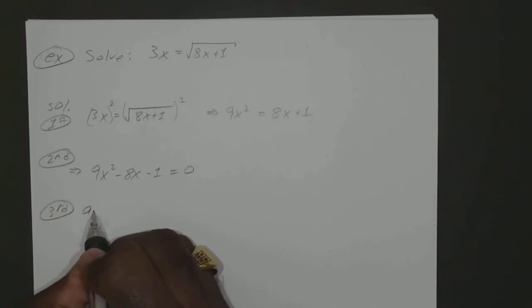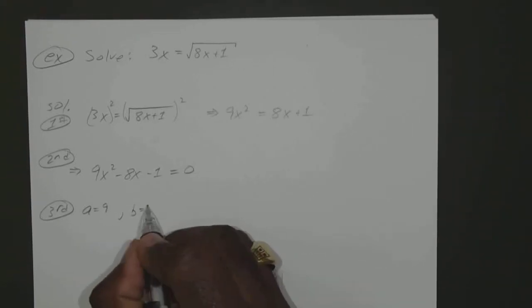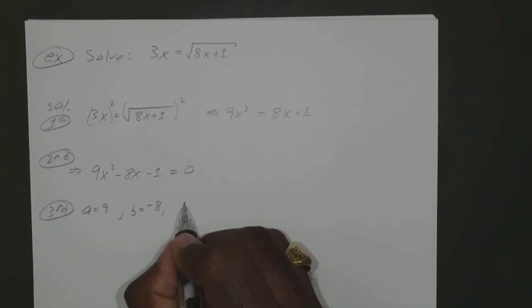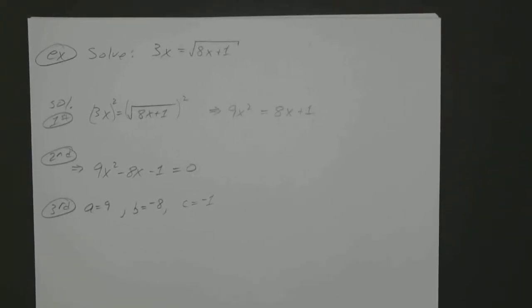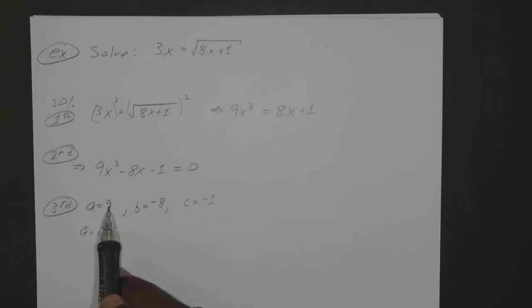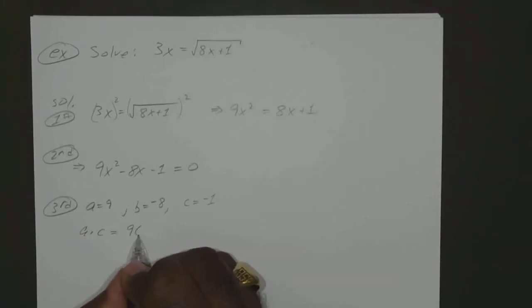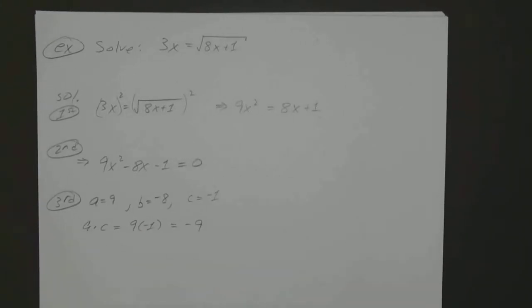Okay, so we know that A is equal to 9, B is equal to negative 8, and your C is equal to negative 1. So your A times C is 9 times negative 1, which is negative 9.